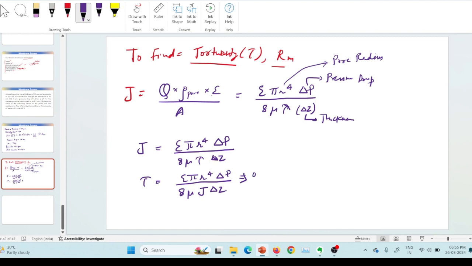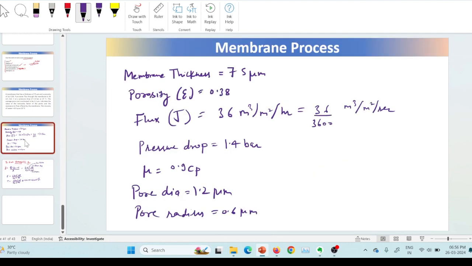So epsilon we know it was 0.38, pi will be pi, r will be 0.6 into 10 to the power minus 6, to the power 4. Pressure drop was how much? Pressure drop was 1.4 bar that we have to convert into Pascal. So 1.4 into 10 to the power 5 Pascal.